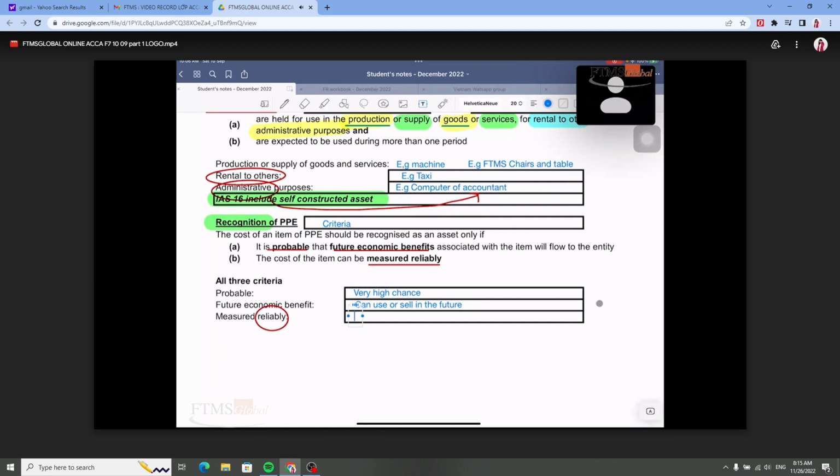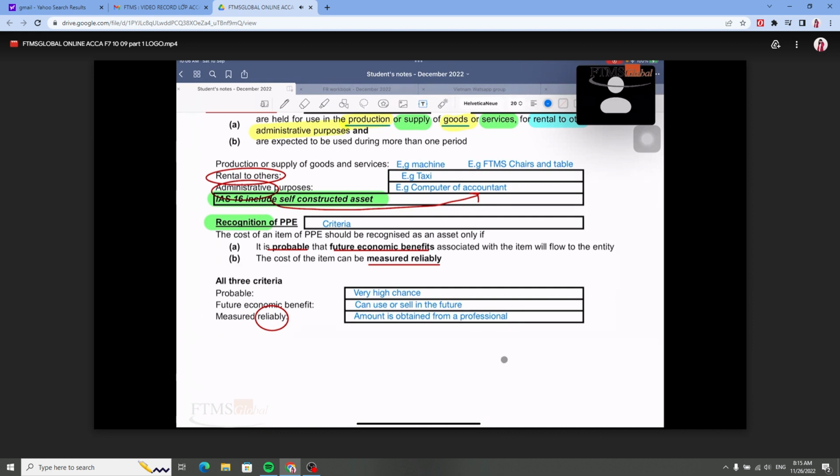Usually the amount is obtained from a professional. If the amount is obtained from a professional, that means the amount is reliable.